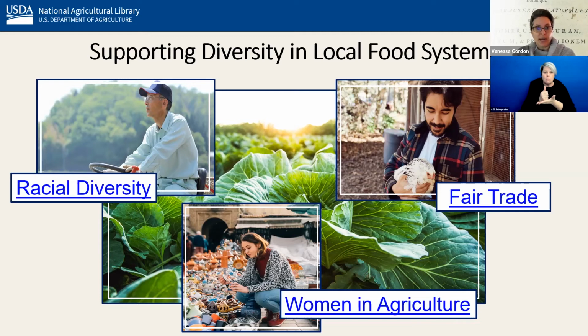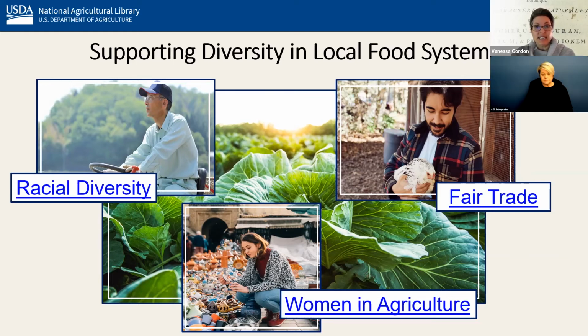So fair trade: we provide information on fair trade at the library, and you can learn about fair trade in the US and abroad, as well as applying standards and certifications that are available to farms and businesses that focus on the social aspect of agricultural sustainability.